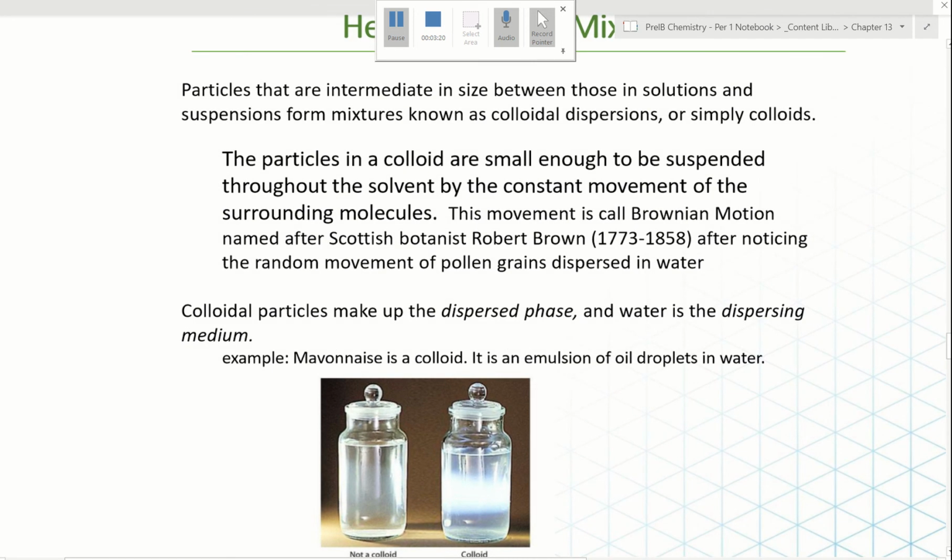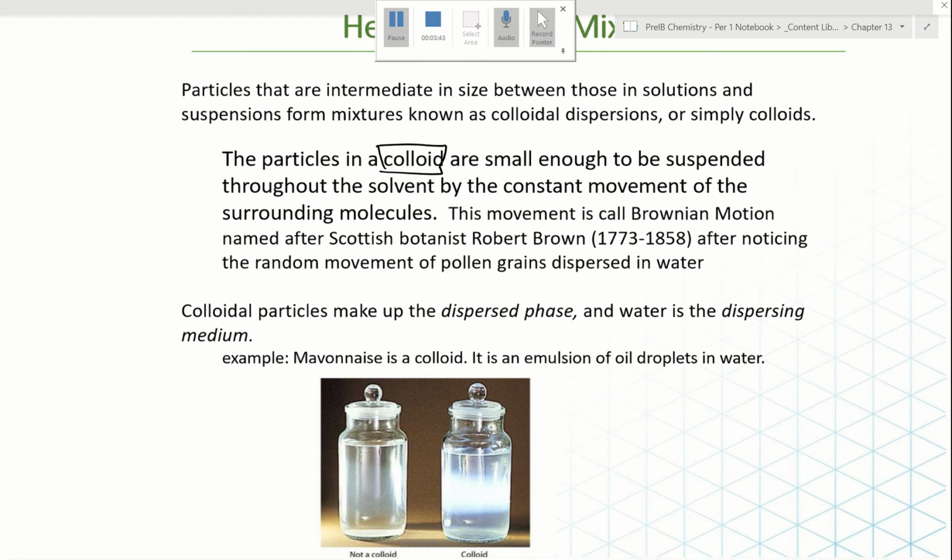Another type of heterogeneous mixture is called a colloid. In a colloid, the particles are small enough to stay suspended in the mixture without settling out. And these particles are too big to consider this a solution.